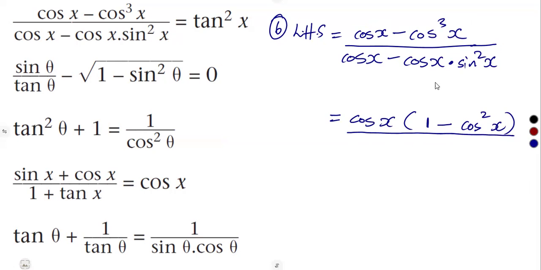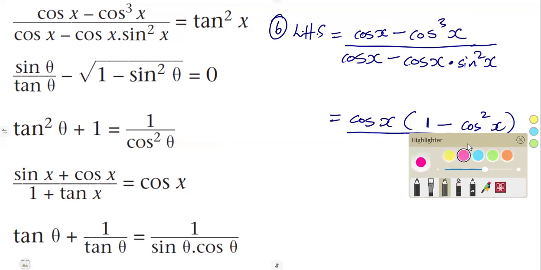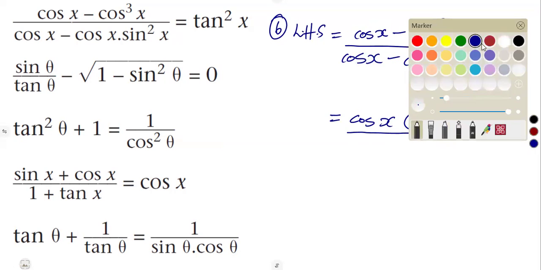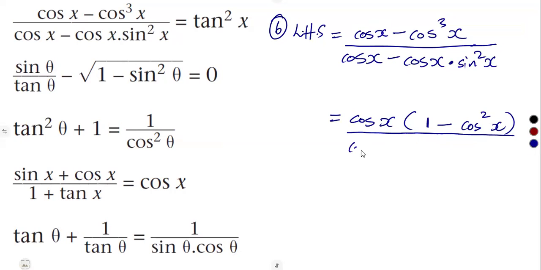Everything over what? In the denominator, we can see again the cos of x is common between these two terms, so we're going to factor it out just like the previous case. Cos of x divided by cos of x is 1 minus this cos of x, and this one was going to cancel. You remain with sine squared of x.